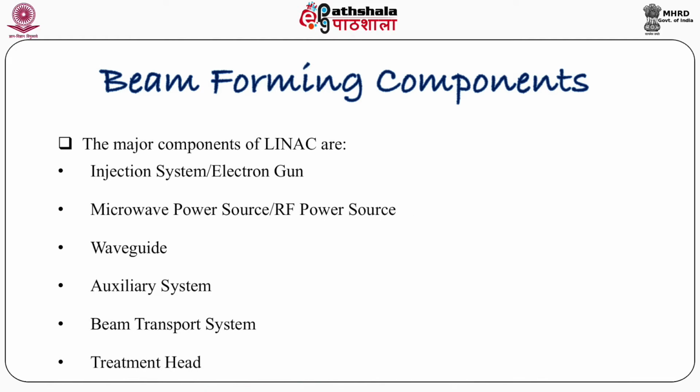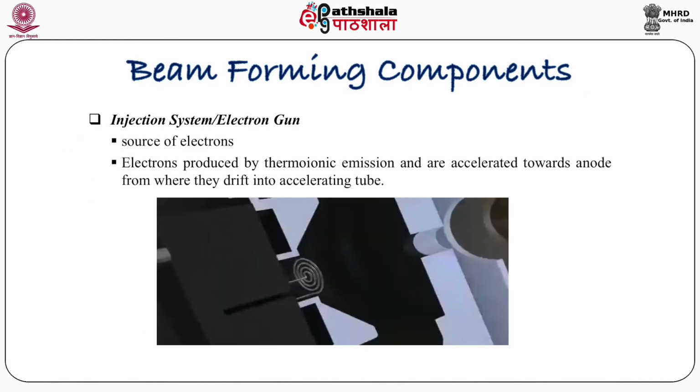These are the active parts of the linear accelerator, where the electron is coming out from the electron gun, injected into the waveguide with microwave power, and the energy of the electron is increased. They finally fall on the target and produce photons. Injection system or electron gun. This is a source of electrons.